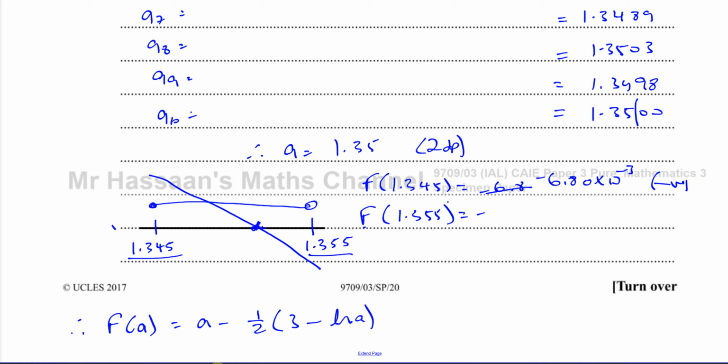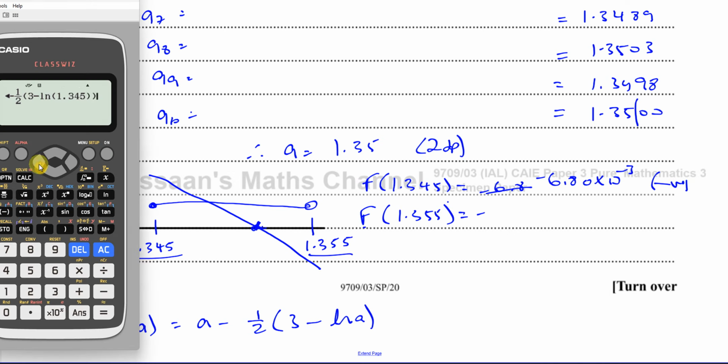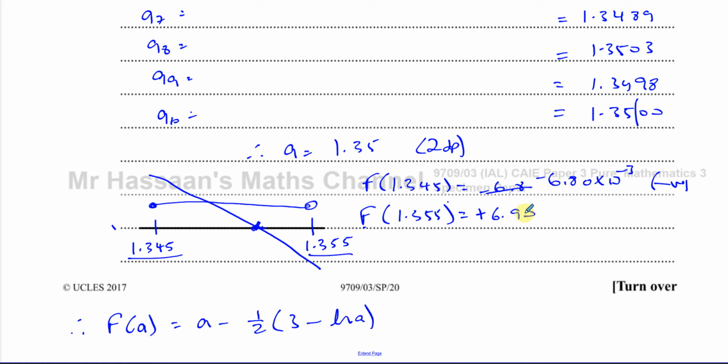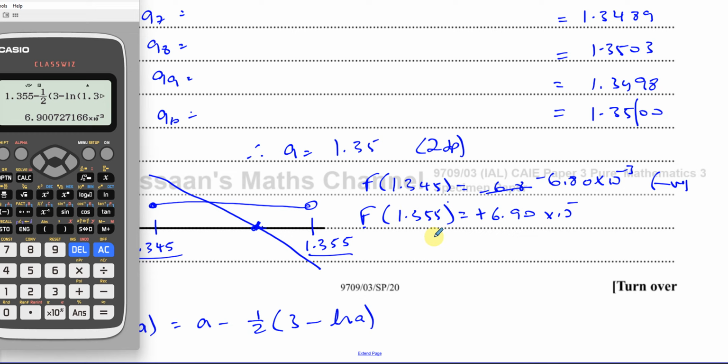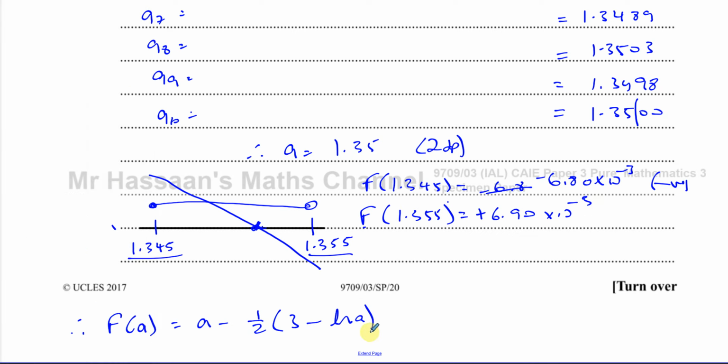And here we'll see what we get when we put in 1.355, and we see we get positive: positive 6.90 times 10 to the power of negative 3 as well. So we can see there that, as there is a change in sign between these two values, then a root must exist somewhere between them.